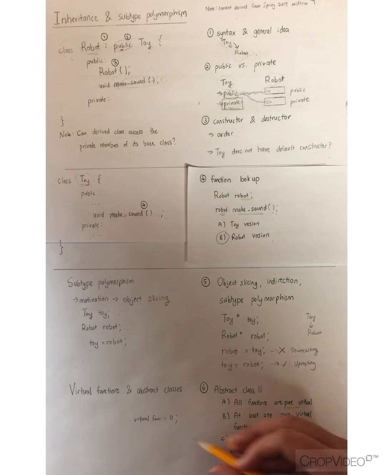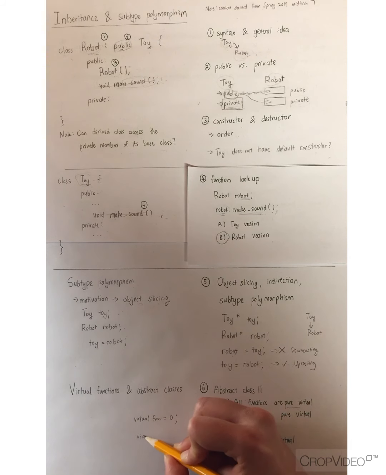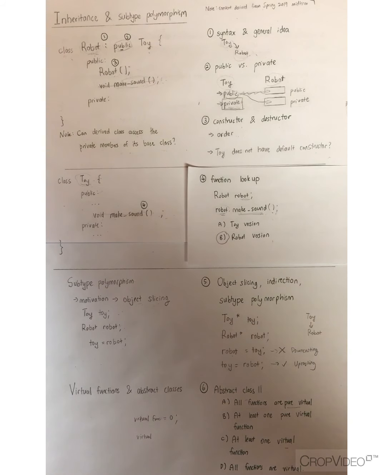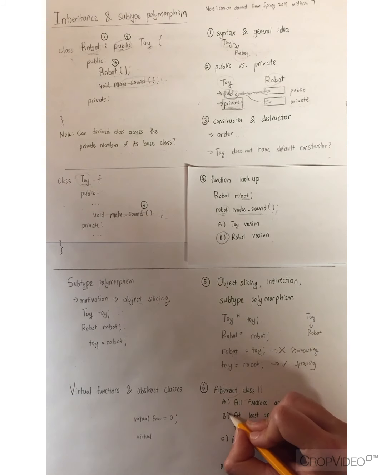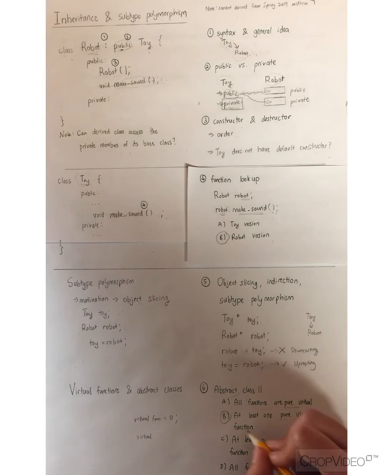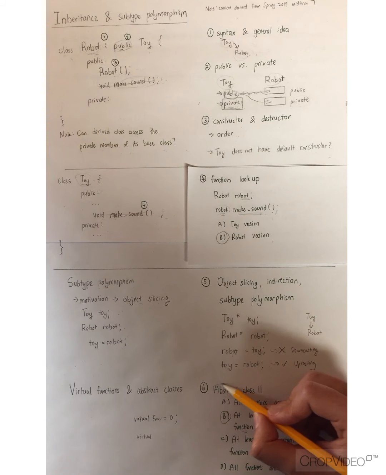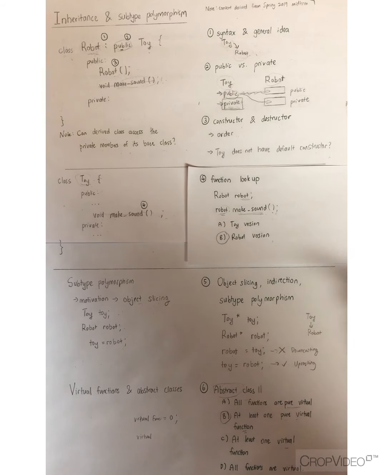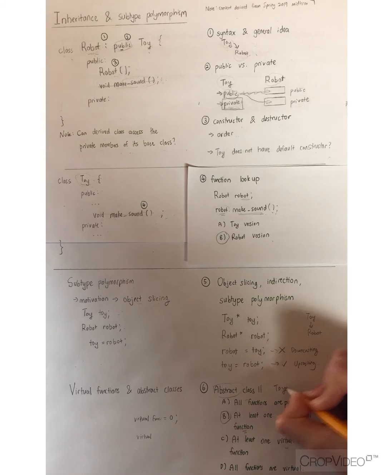When it's virtual, it has a bit of implementation, but it has a virtual keyword in front of it. An abstract class happens when there's at least one pure virtual function, and this means that if Toy is an abstract class, we cannot instantiate a Toy object because it's an abstract class.